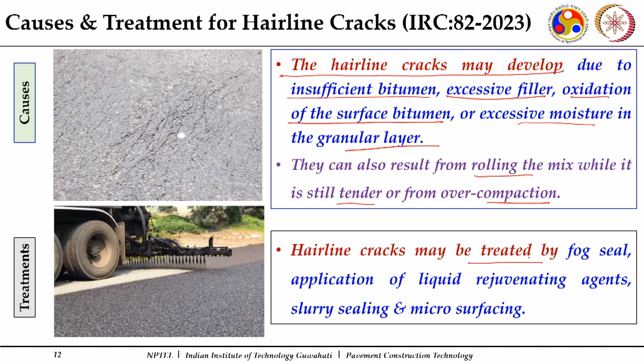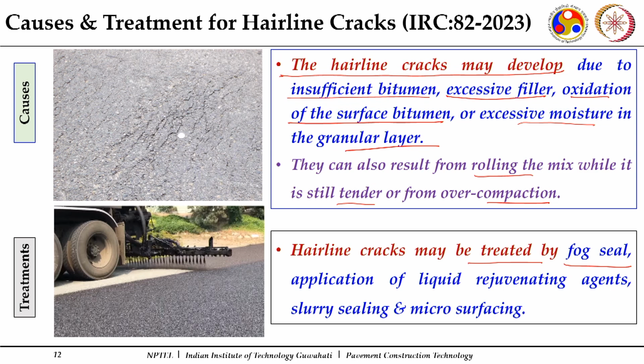Now, an important aspect is that whenever cracks are there, we should immediately seal them. If hairline cracks are observed, one application is a fog seal. This is a thin application of a bituminous binder, usually slow setting emulsions. There you can see these emulsions getting applied over it.